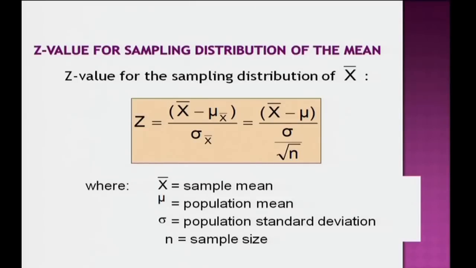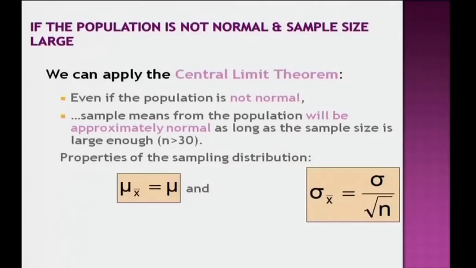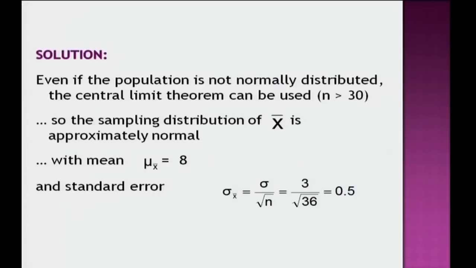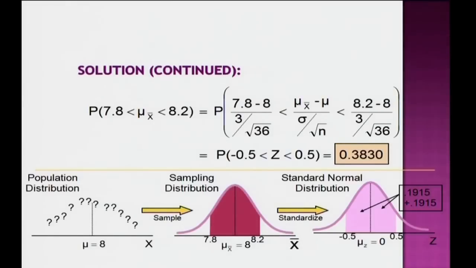You must write this formula on a paper and then substitute those values. Here mu is 8 and standard error is 0.5 if we apply sigma by root n.